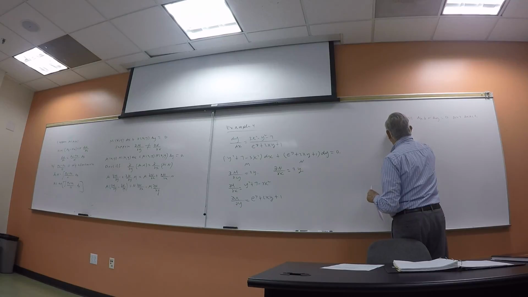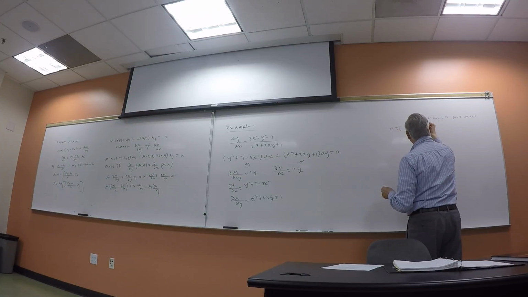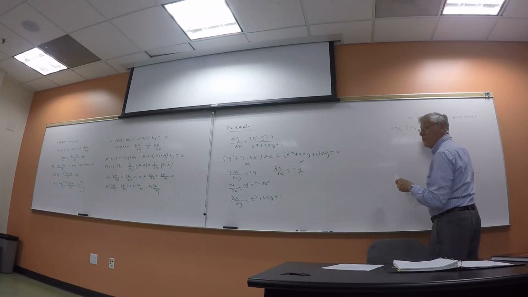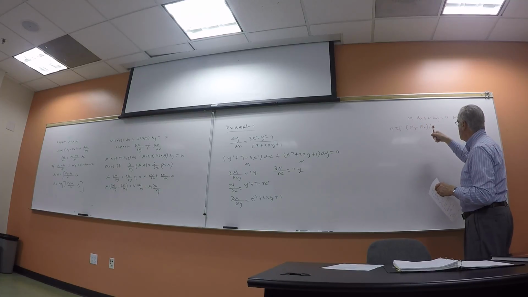Then we have basically two possibilities. If the partial of M with respect to y minus the partial of N with respect to x, divided by N. Remember, this is all a function of x and y, right? When we start off, it's M of x y, N of x y.